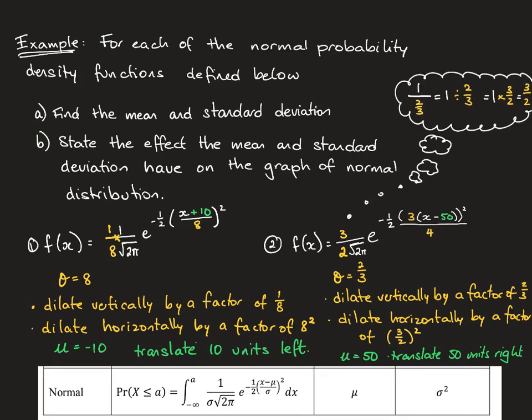So you've got 1 divided by 2/3. When you divide by a fraction, you change the divide to multiply and you invert the fraction, you turn it upside down. So now you've got 1 times 3 on 2, which gives you 3 on 2. And that's why sigma here is 2 over 3 when it appears to be 3 over 2.